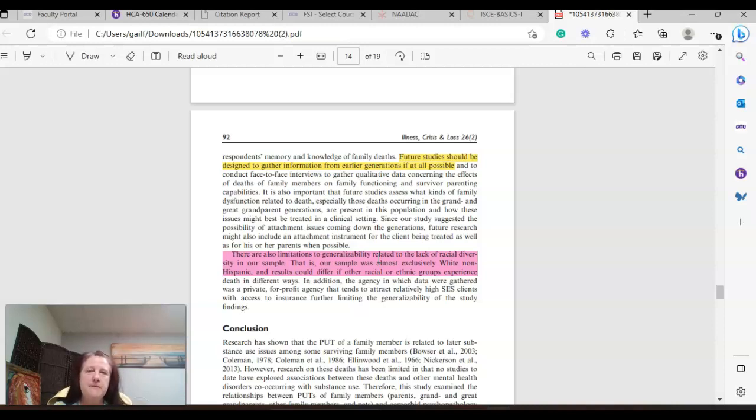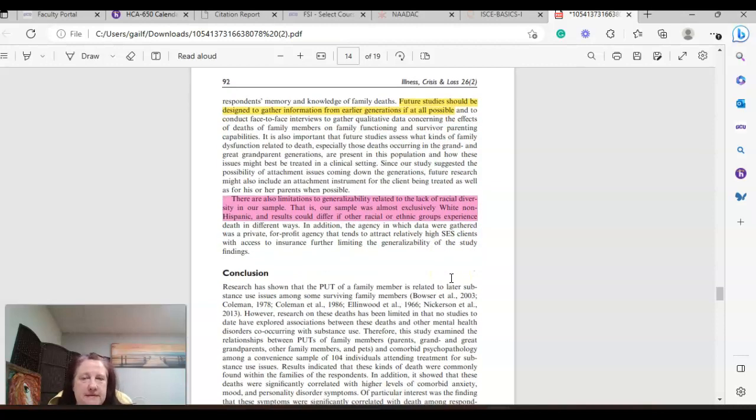Okay. Then you can read through, you can find many other gaps, but then they say there's also limitations to generalizability related to their lack of racial diversity. So this might be something too, if your article says something like this, that maybe they only had a really exclusively white or a certain age group, or all exclusively Hispanic or something like that.